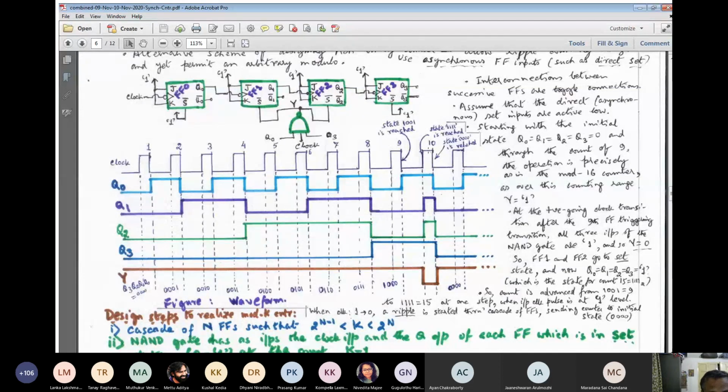So, what is the sequence of events? First, the clock will go from 0 to 1. Then the output of the input NAND gate will be generated, and then it will affect the further 2 NAND gates. So a 2-input NAND gate delay will be involved.